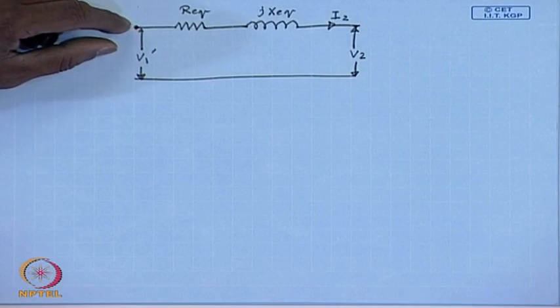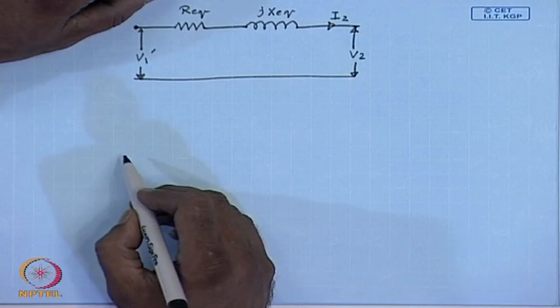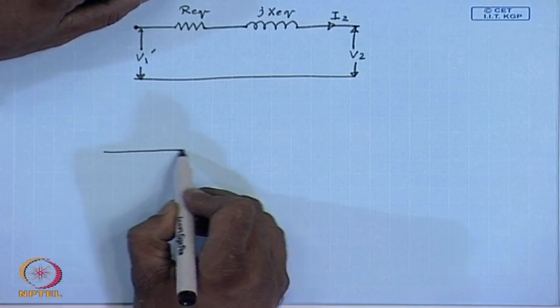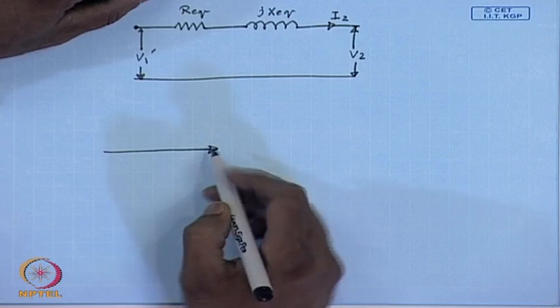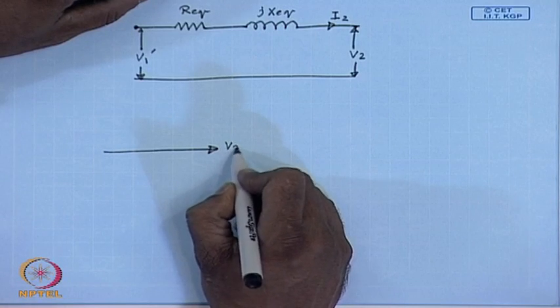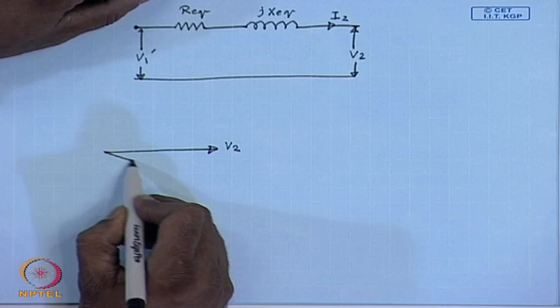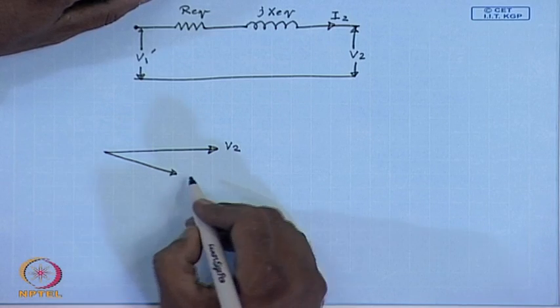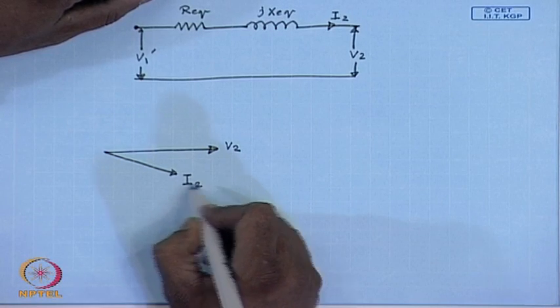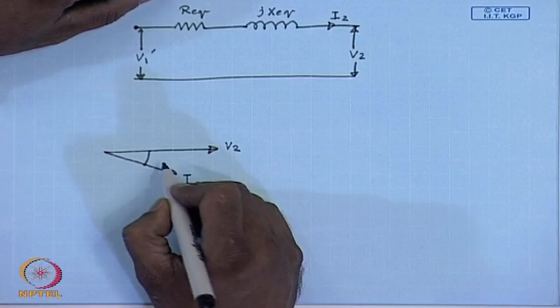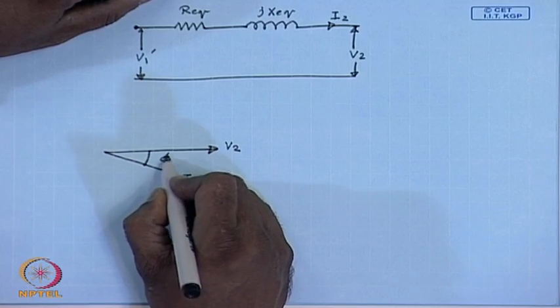Let us draw the phasor diagram. Say this is the load voltage V2, load current I2 at a power factor angle of phi.